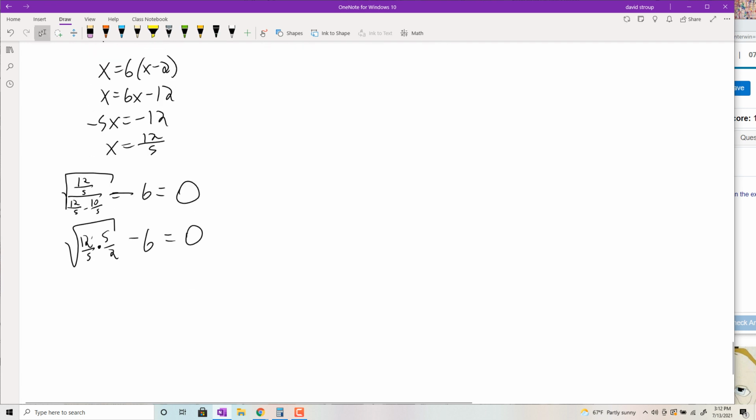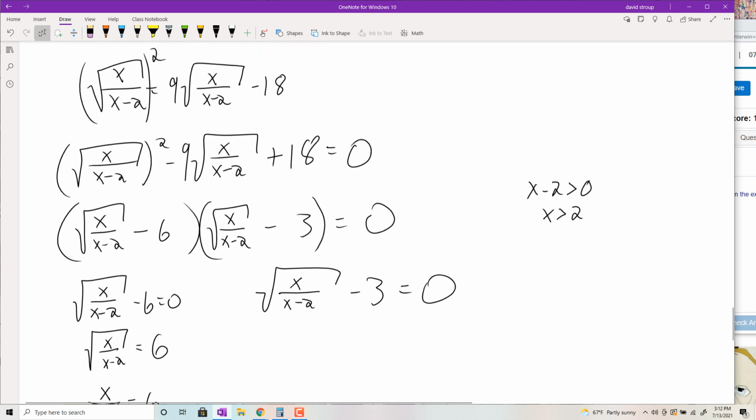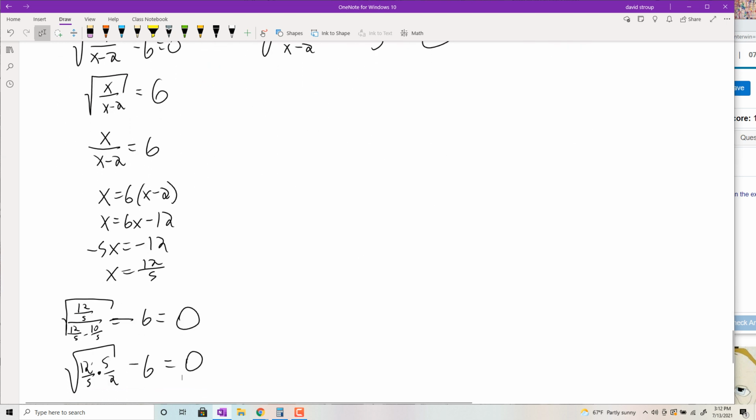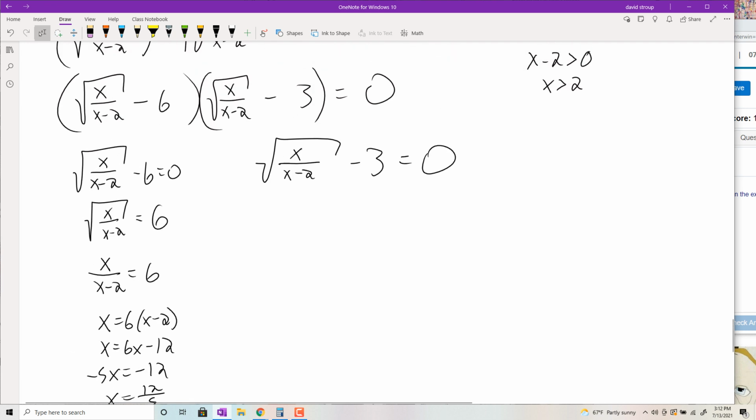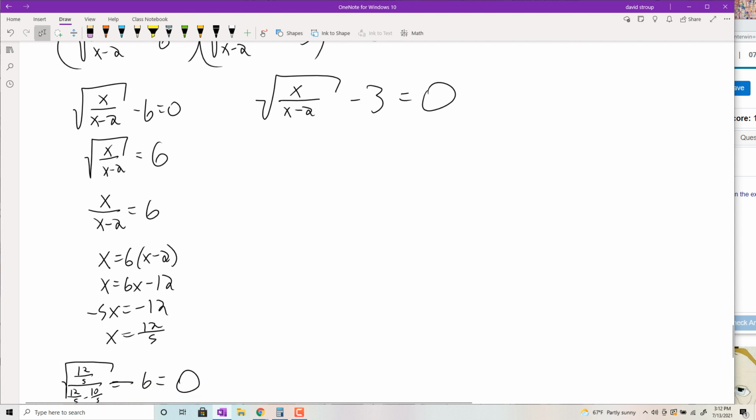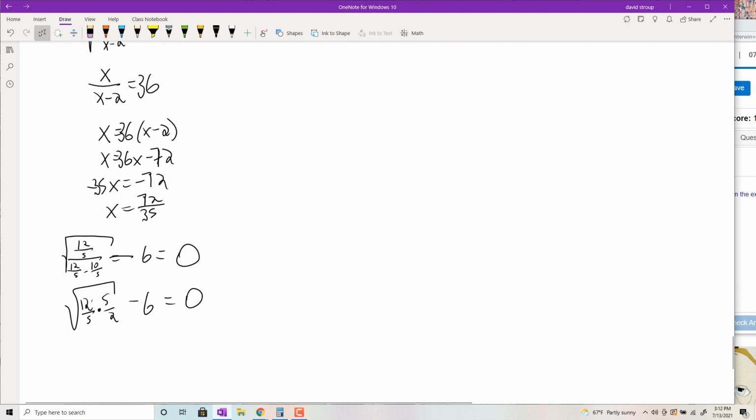The 5's cancel, and you end up with square root of 6, which is not going to work as a solution. Let me make sure I didn't make any mistakes. Oh, back here, this should be 36. Sorry. Let me go back through here and do all this jazz.